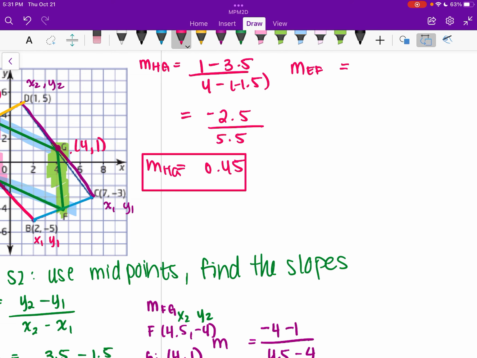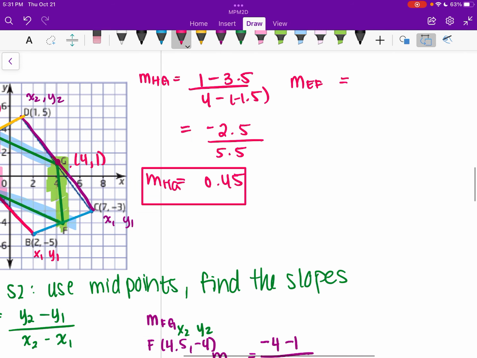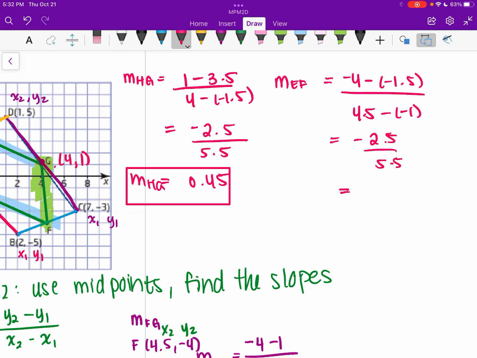So for my y, I did negative 4 minus negative 1.5 divided by 4.5 minus negative 1. And I'm just taking those coordinates. And I'm left with negative 2.5 divided by 5.5, which again, when I do the math, EF is equal to 0.45.